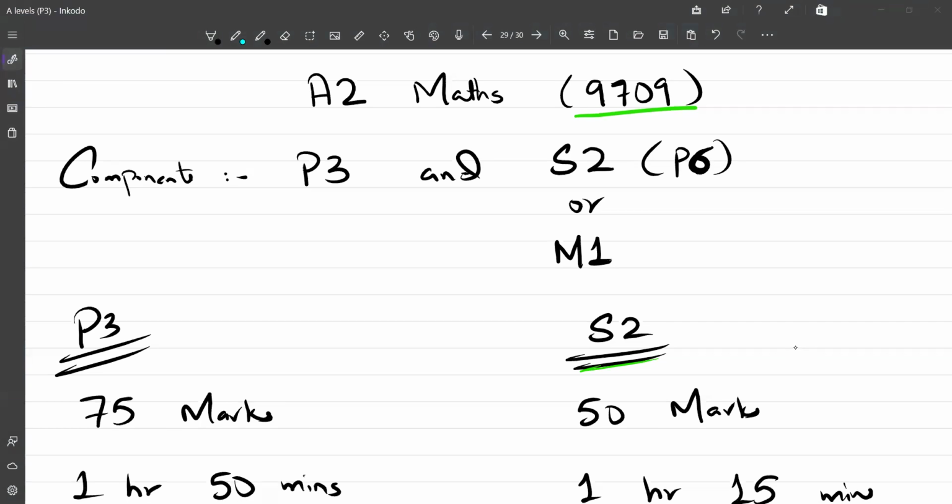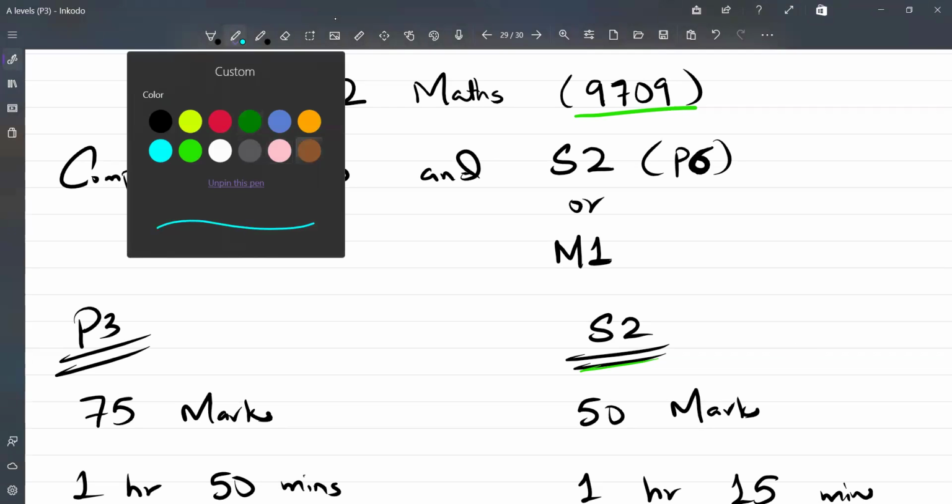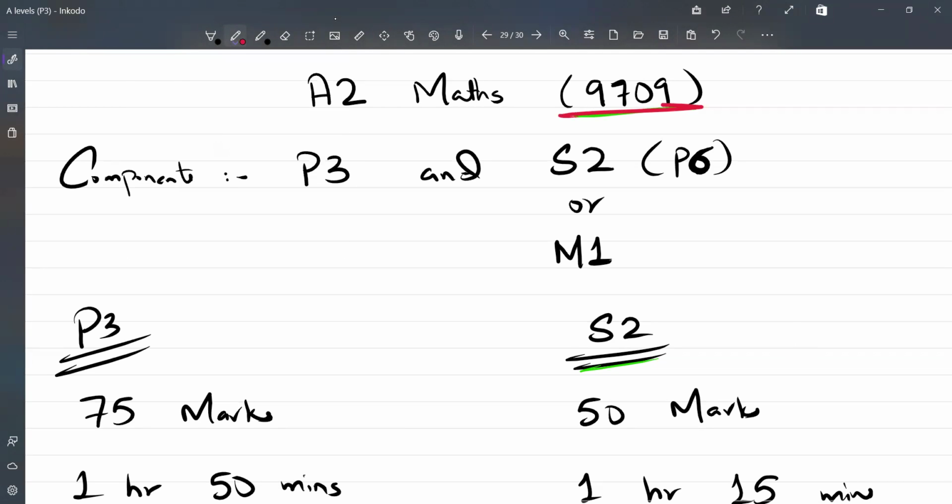In this video, we will be discussing the syllabus components and the content of A2 maths, that is the second year maths of A levels. So the syllabus code is 9709, right? So the components of A2 maths: the first one is P3, that is the major and compulsory component.